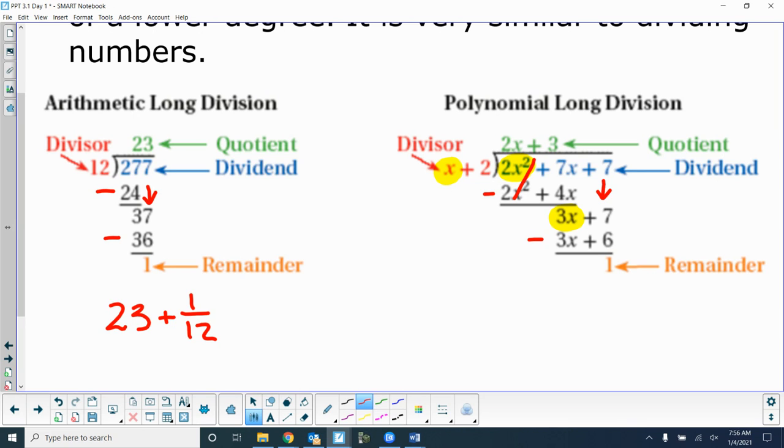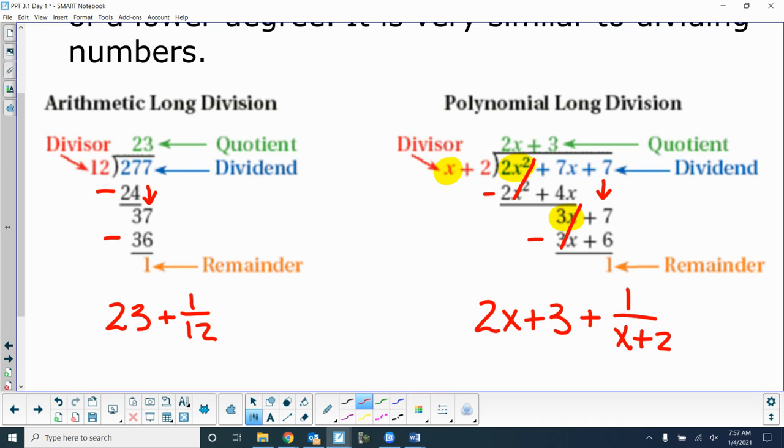We had 37 divided by 12 was 3. 3 times 12 is 36. And then we subtracted to get that 1. Well, 3x minus 3x, those will cancel. That's what's supposed to happen. And then 7 minus 6 is the 1. Okay, so here's our answer. 2x plus 3. And then since it's a positive 1, it's 1 over, for my remainder, x plus 2.